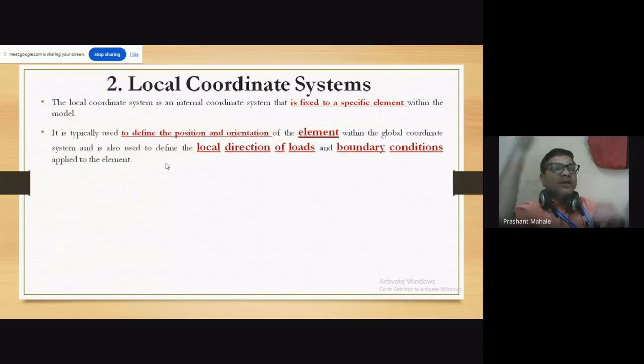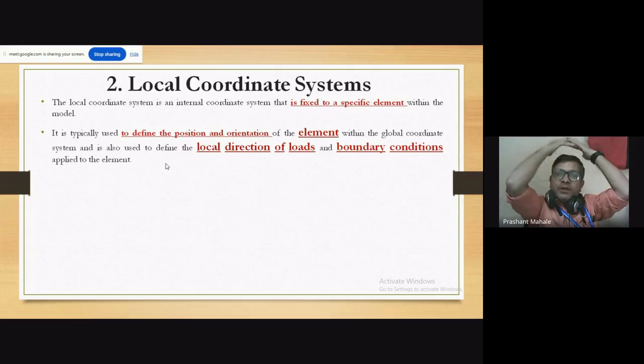It is typically used to define the position and orientation of the element within the global coordinate system, and is also used to define the local direction of the nodes and boundary conditions applied to the element. Are you getting this point? It is applicable to the element only, and it gives you the direction of loads on that element. What is the effect of overall load on that element?